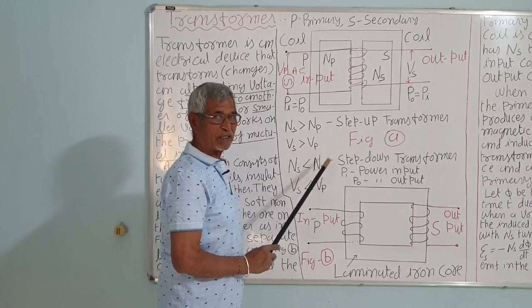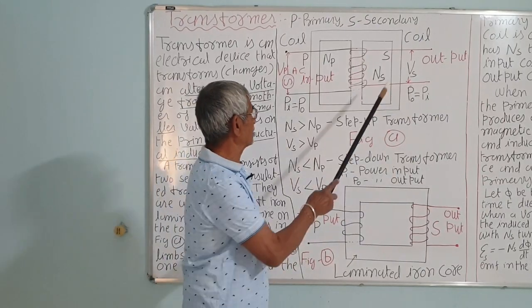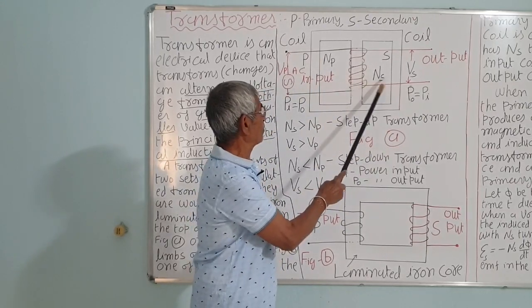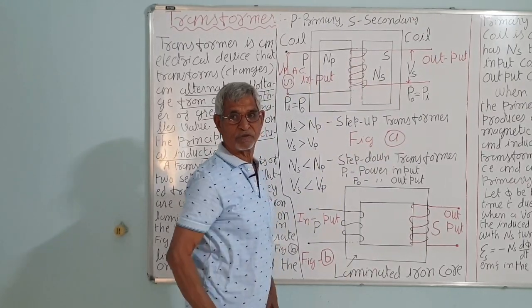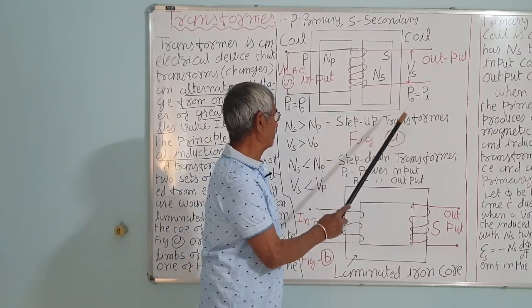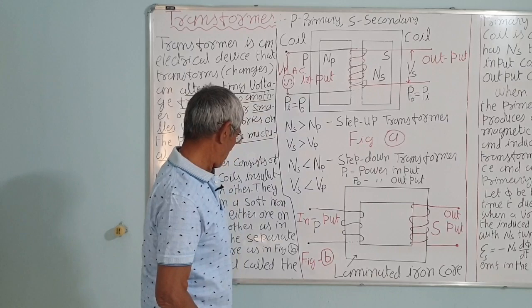Similarly, if Ns is less than Np, the number of turns in the secondary is less, then the output voltage will be less, that is step down. It steps down the voltage. Here it steps up the voltage, correct.